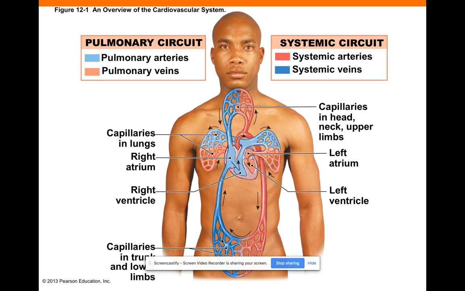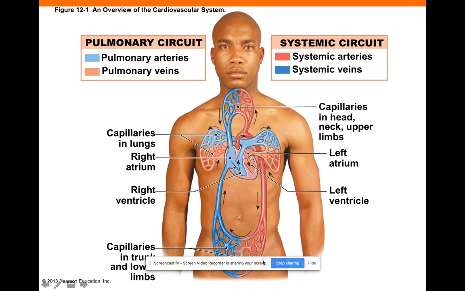Think about it. Every single cell in your body has to get sugar and oxygen. Why is that? Well, every single cell needs to make energy. It requires that to live. So if a cell needs to make energy, it's going to have a blood supply.